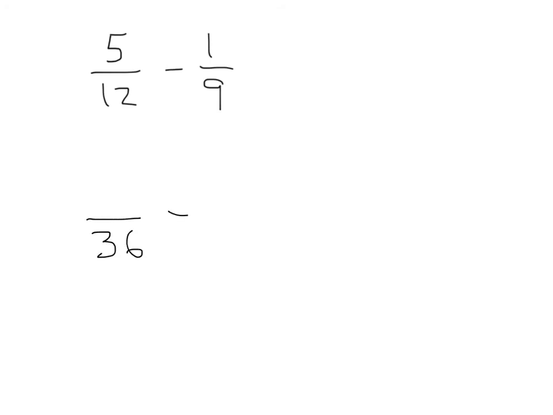We can formally learn how to do this, but most of you should be able to come up with the least common multiple, or at least a common multiple that's efficient, by doing it in your head. So what did we multiply 12 by to get 36? 3. What do we multiply 5 by to get the numerator then? Also by 3. That gives us 15/36 for the equivalent fraction.